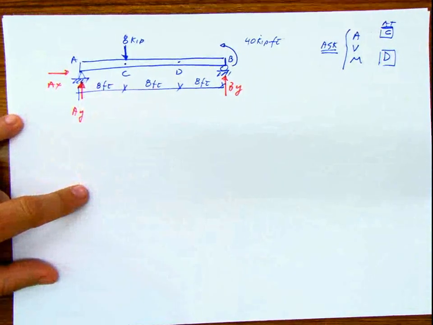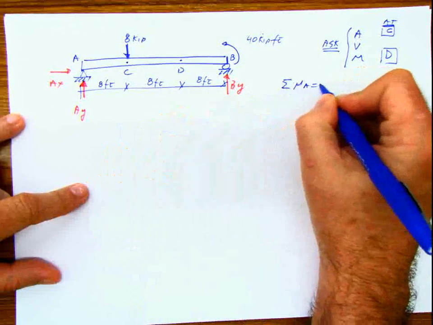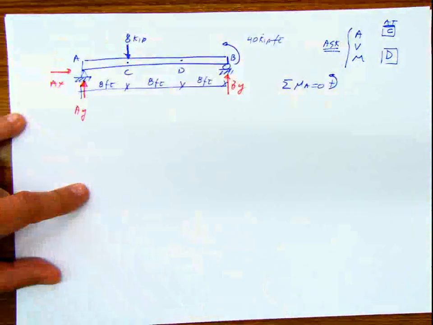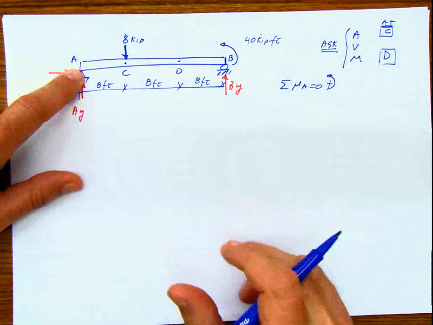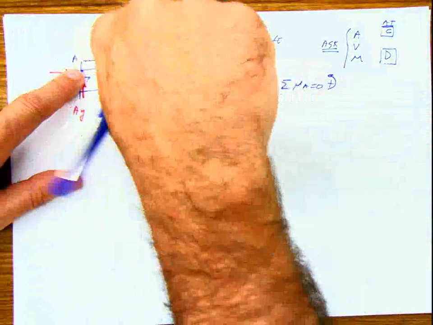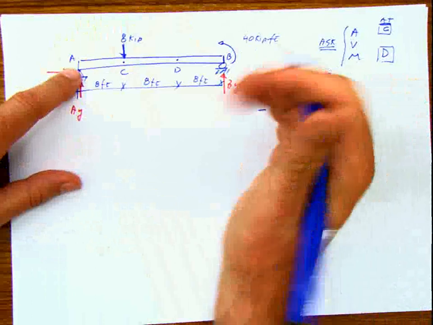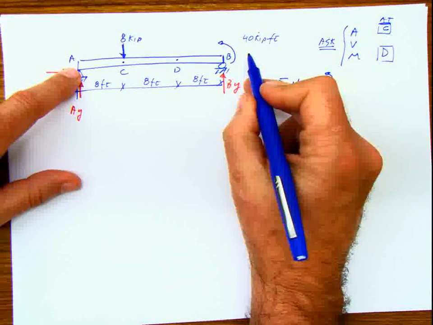So let's do summation of moments at A equals 0 in the whole structure without doing any section before. Summation of moments here, then I'm going to have this 8 times 8, and this is going to be negative according to this, plus this 40. Remember, this is a moment already.